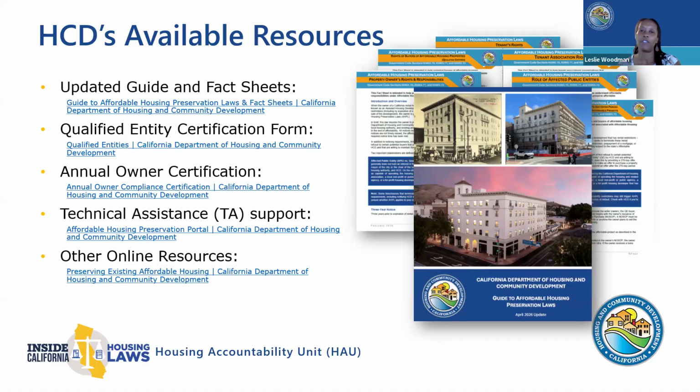The updated guide reflects amendments from AB 2926 and AB 1529, including but not limited to new funding programs added to the definition of assisted housing development subject to APPLE, changes to the NOPA/COPA process and advantages available to qualified entities, and other changes to the HCD approved notice template forms.